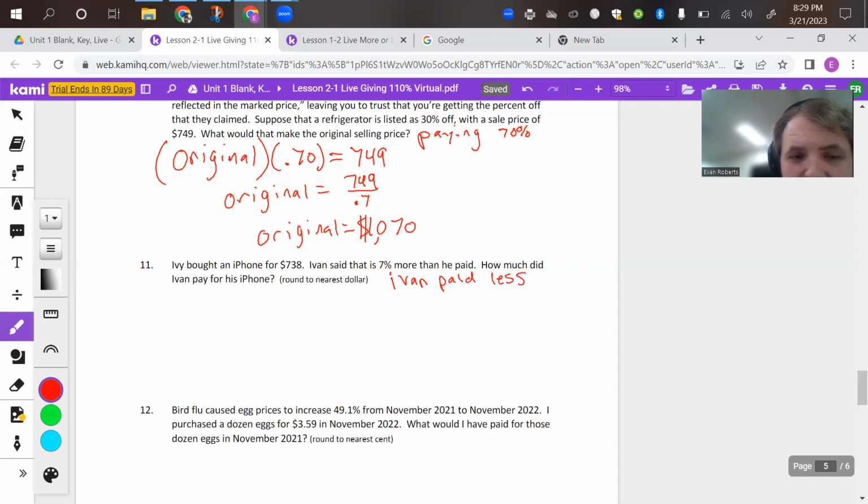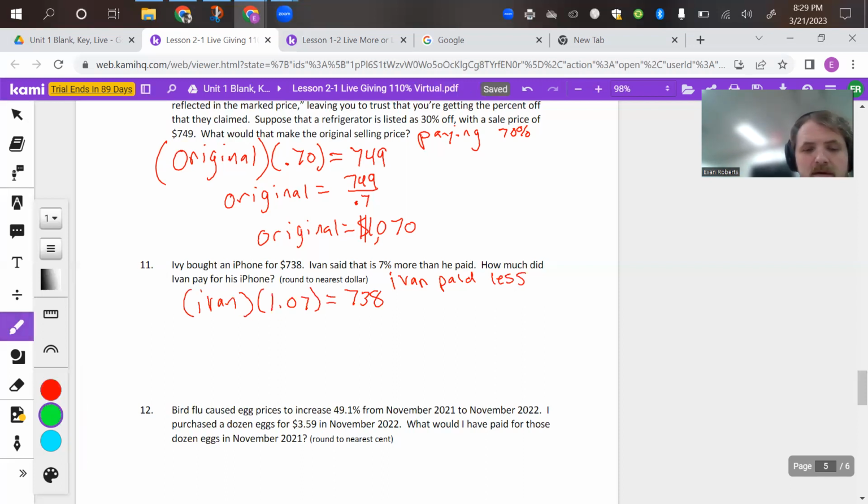So there's a couple ways you can think about this. You can treat that as Ivan times 1.07 equals 738 because Ivy's going to be more.